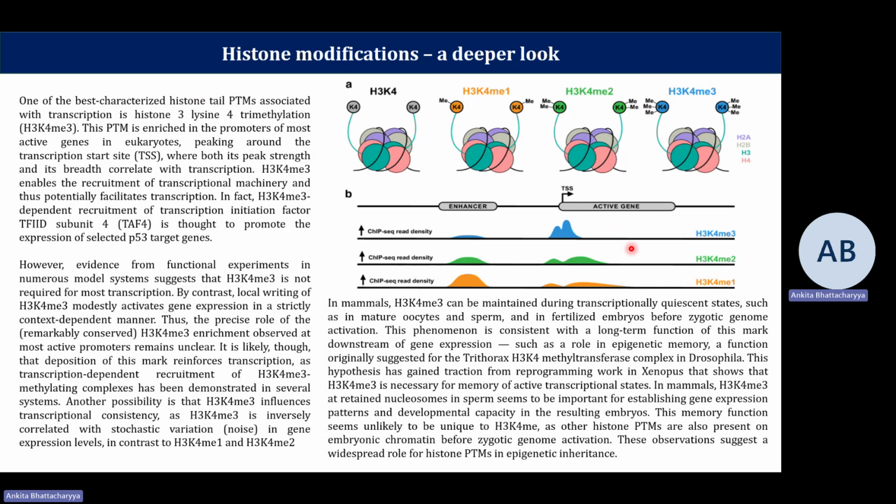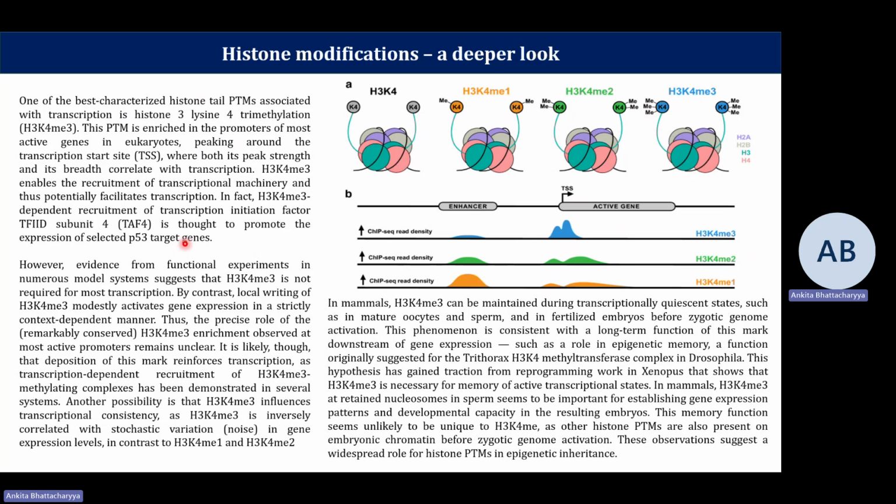And you can see that the highest read density can actually be seen for H3K4me3, the highest peak. And the location of this is at two loci. One is right upstream of the active gene, and one is at the enhancer sequence. So that actually shows that these are regions where activation has taken place, or at least where the H3K4me3 modification is present.